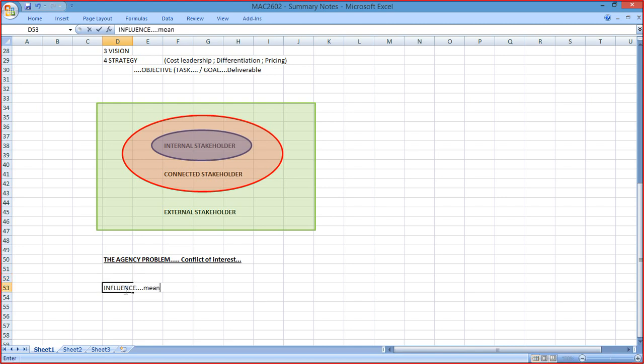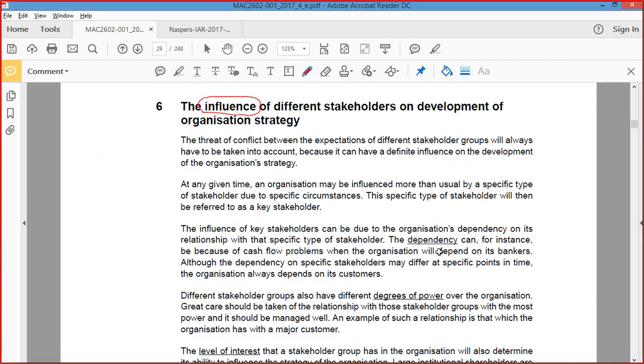Influence means the ability to affect decision making. Okay, that's influence. They even talk about degrees of power. Obviously, people with more power normally have more influence.